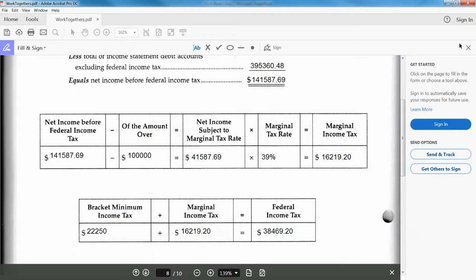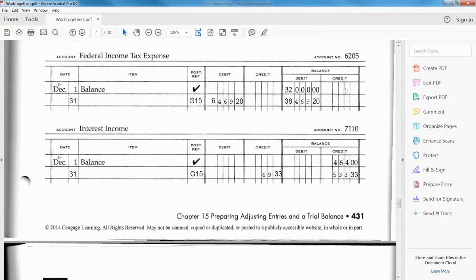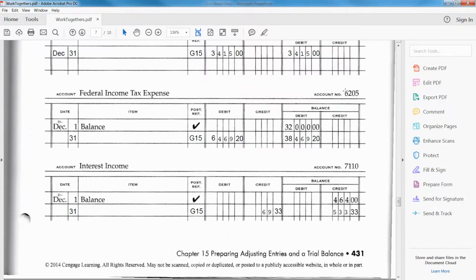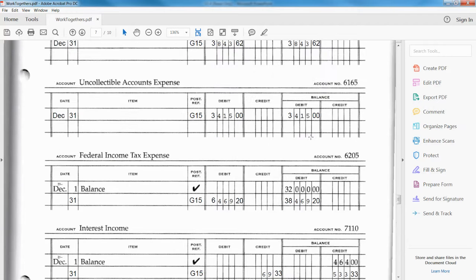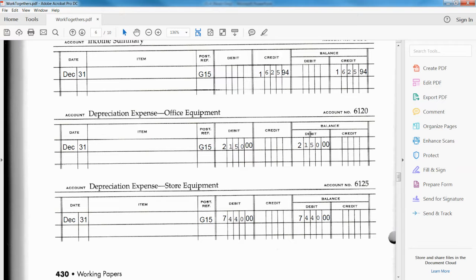So now we need to go back to our general journal, and on the way there, I shouldn't have filled that one in already. We're at 32,000 for our federal income tax.